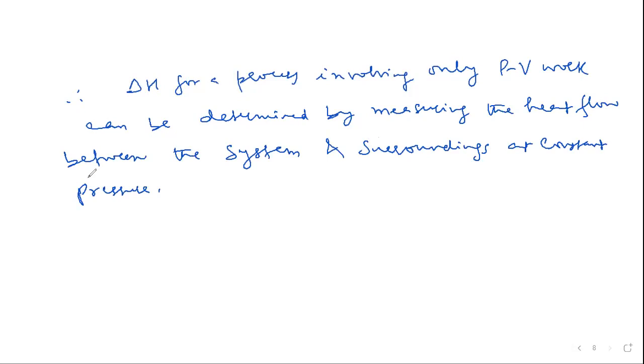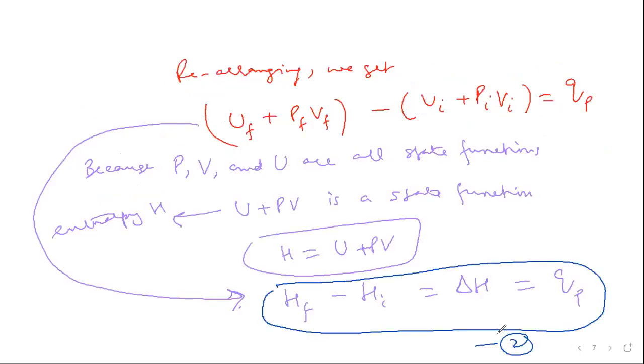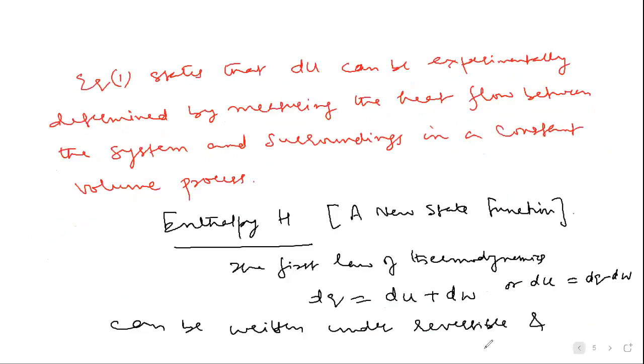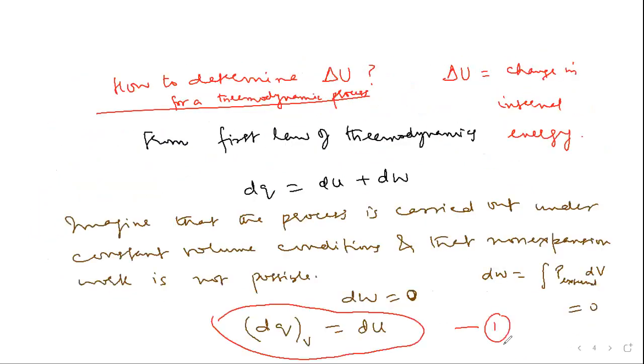So you can see that equation 2, which tells us how to determine the enthalpy change delta H, is simply the constant pressure analog of equation 1, right?